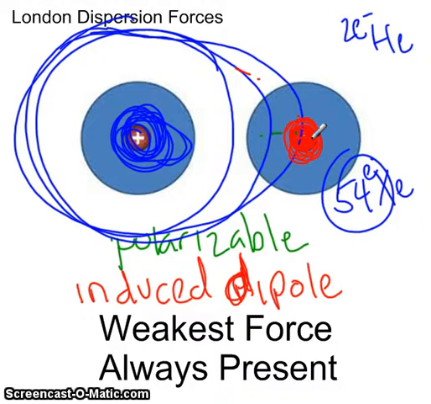Since this is the weakest force, if something only has London dispersion forces, what state would you imagine they're going to be in? A liquid state? One below. Gas. Gas, right, because there's nothing holding them together. Even if they get close together, they're still not going to be attracted very much to each other.